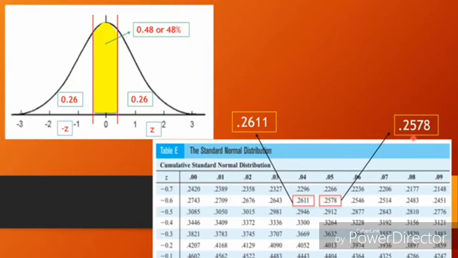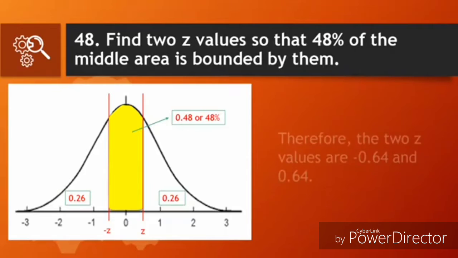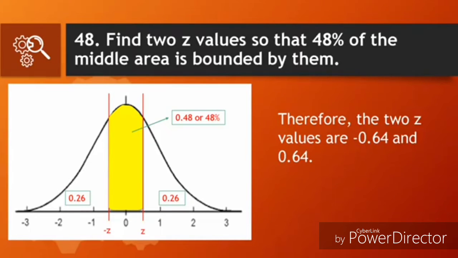But what we need here is the greater than or equal to 0.26, which is negative 0.64. Therefore, the two z values are negative 0.64 and 0.64. They are just the same because they are symmetric. It has the negative and the positive one.